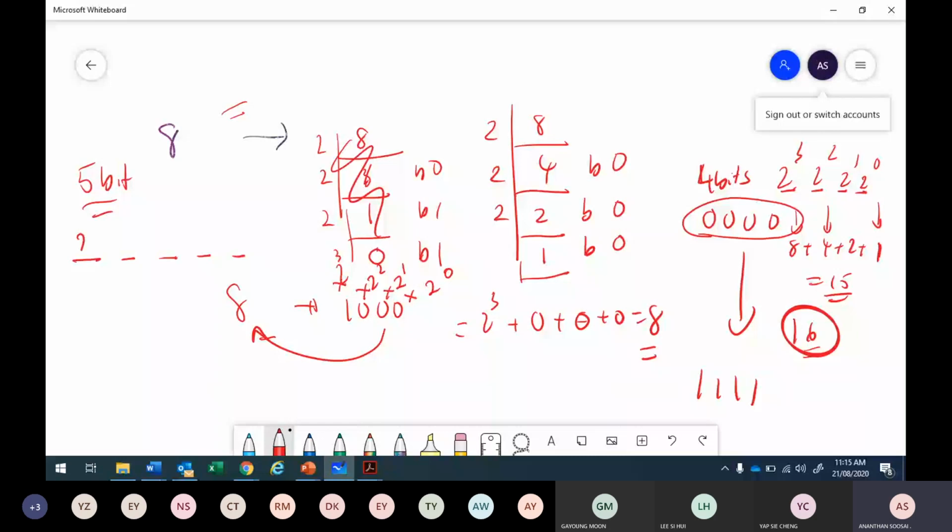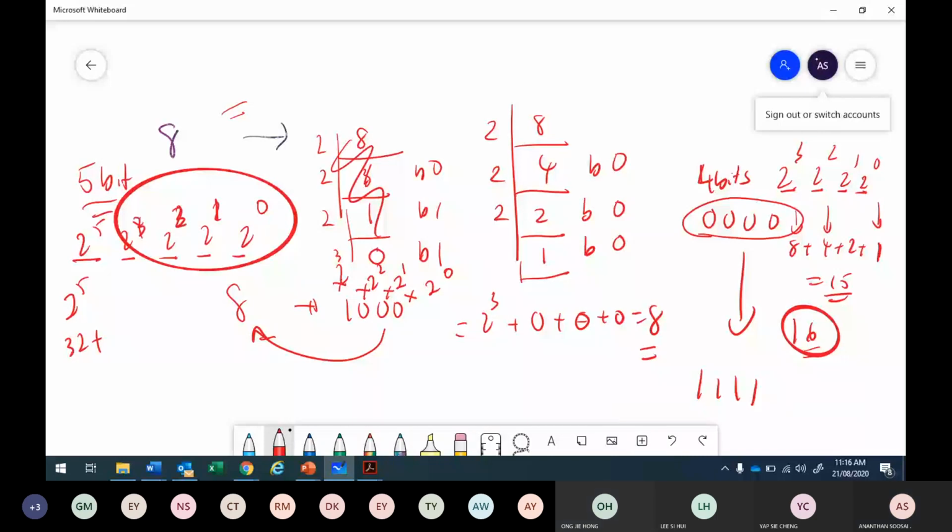It's going to be 2 power of 4, 2 power of 3, 2 power of 2, 2 power of 1, 2 power of 0, and add them all. 2 power of 4 is 16. So 16 plus 2 power of 3 to 2 power of 0, which just now we got as 15. So plus 15, how much do you get?